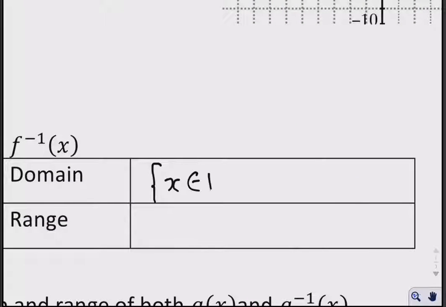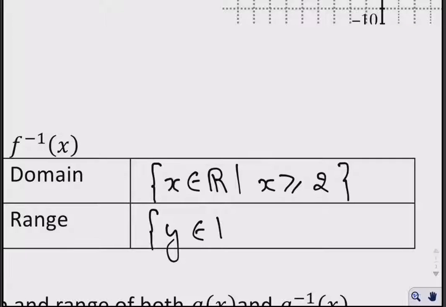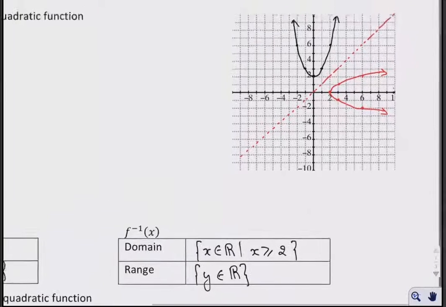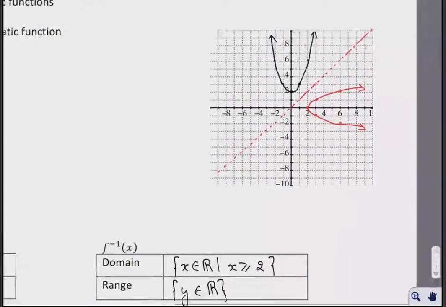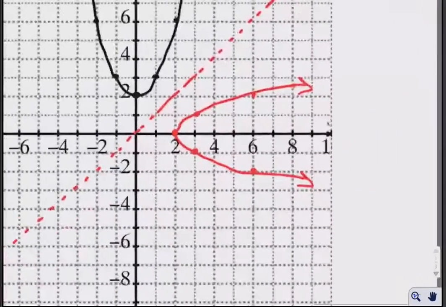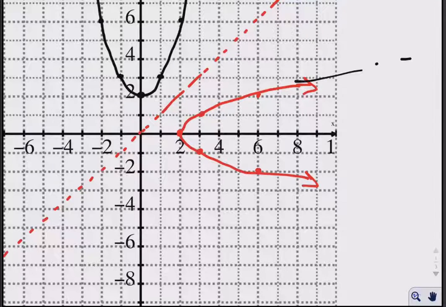My domain is going to be everything above 2, whereas my range in this case is going to be all real numbers, because the relation, the inverse here, goes on infinitely in both directions. You see this arrow keeps going up that way, this keeps going down. Eventually we cover all the y values.